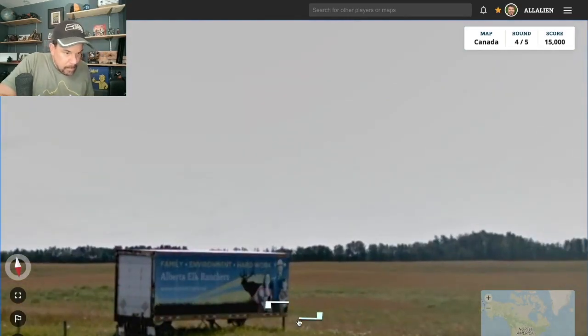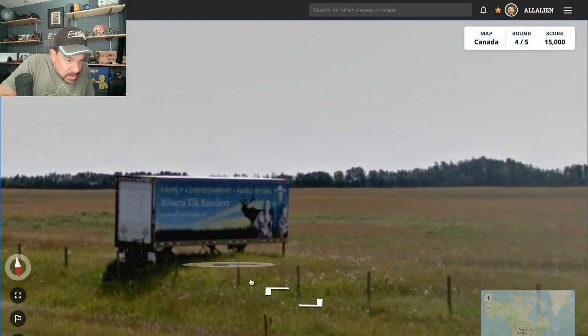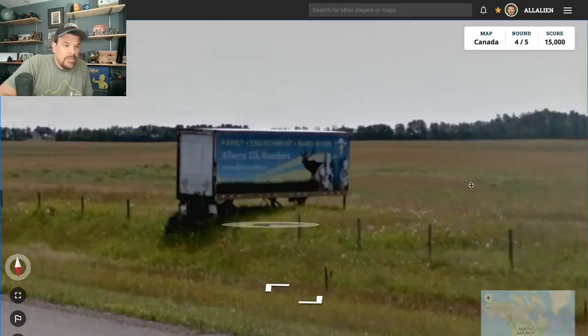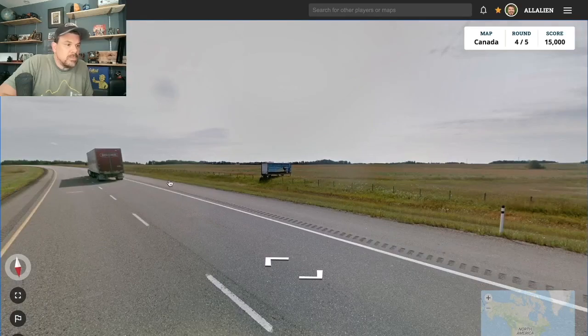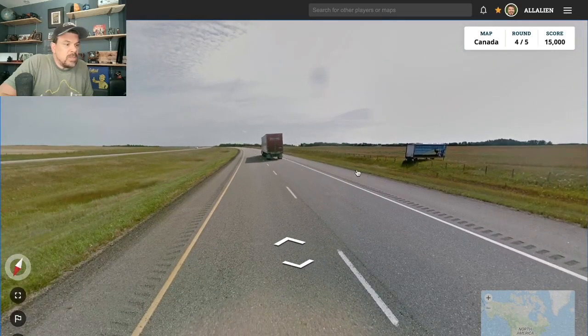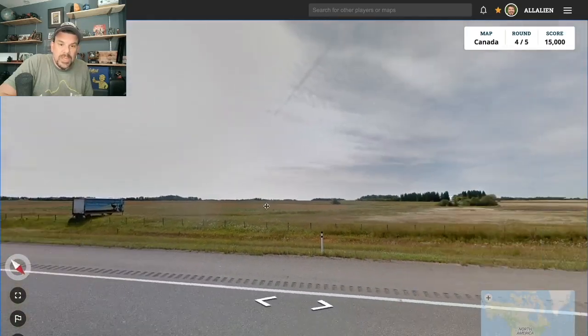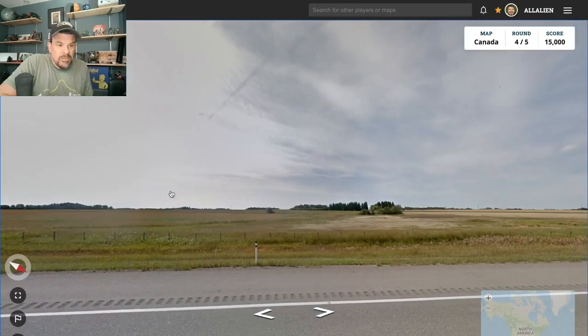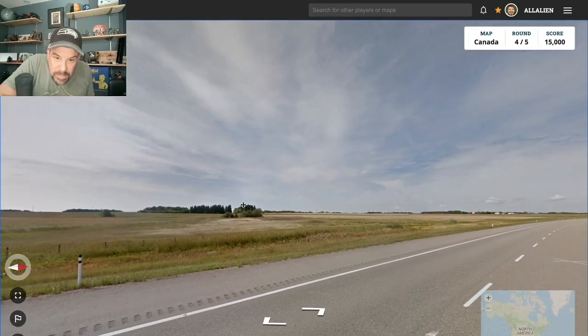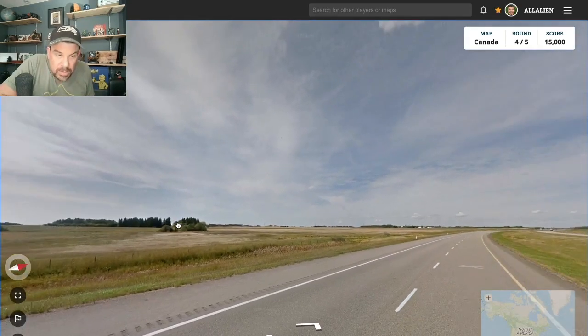Alberta. Okay, so we're in Alberta. If we are, I would say southeastern Alberta because I don't see the Rockies anywhere, and the foothills of them would be in that direction to the west. Yeah, no sign.